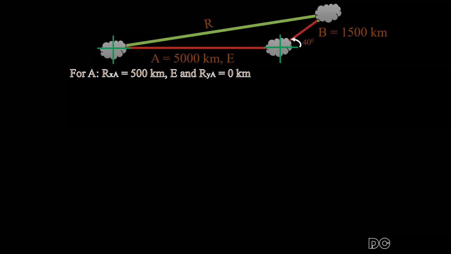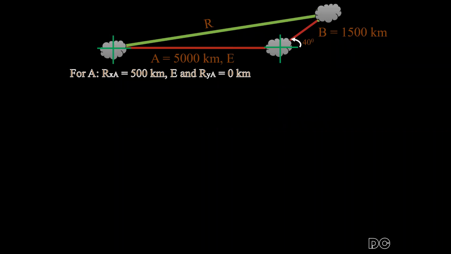And for vector A, since vector A moves toward the east, and east is on the x-axis, that is our x component. For the y component, since vector A is only lying on the x-axis, it doesn't have a movement on the y-axis, so the y component of our vector A is equal to 0 kilometers.